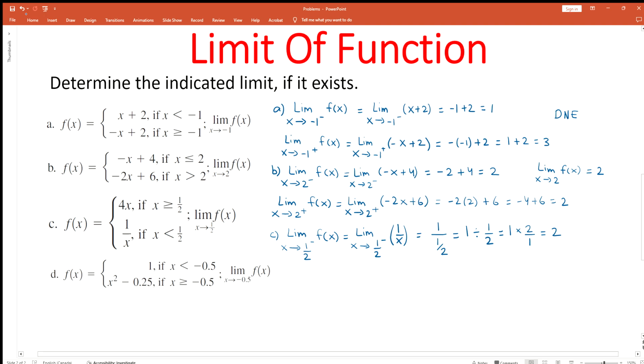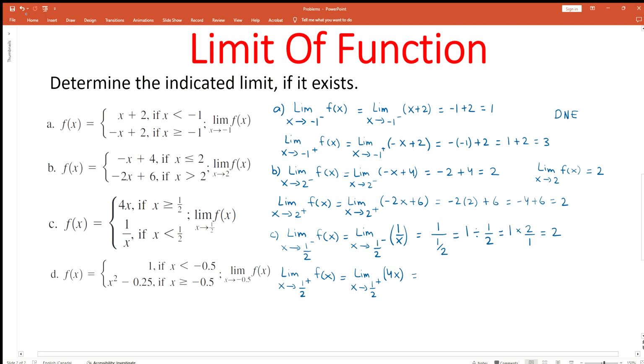Now we can find the right-hand limit. For right-hand limit, we can put a small plus sign on 1 over 2. For right-hand limit, we should use the function 4x because the domain for 4x is x greater than or equal to 1 over 2. Now we can apply the limit.